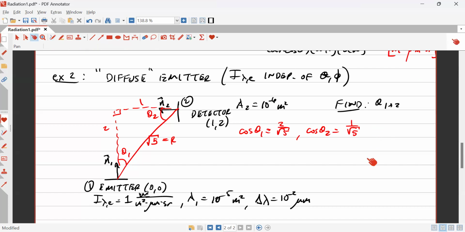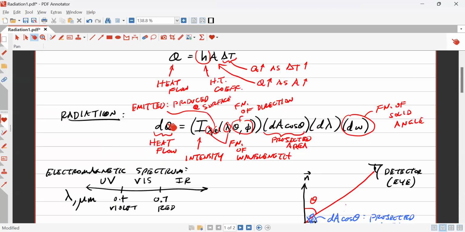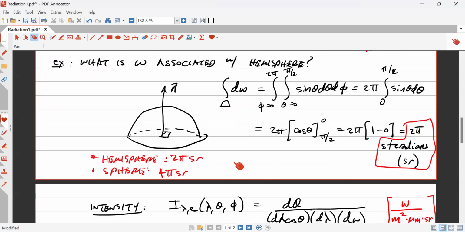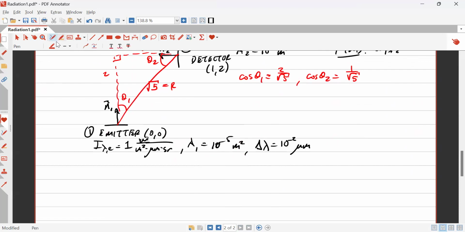So if you look back at our equation for intensity, we're trying to find Q. In fact, probably the easier thing is to go back to here, because this is the more direct equation we're going to use. We're given the intensity. We need to find the projected area as dA cosine theta, or in other words, it's going to be A1 times cosine theta. So let's take a look at that.